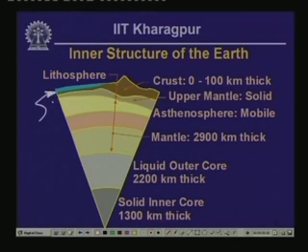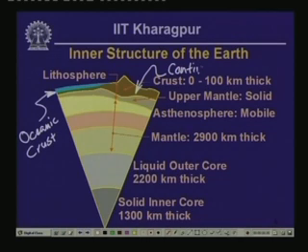So this one here is the oceanic crust, and you can see that oceanic crust is relatively much thinner in comparison with continental crust. This part here is continental crust, and this is the ocean that I have shown on this sketch. Okay, so that is the structure of the earth.